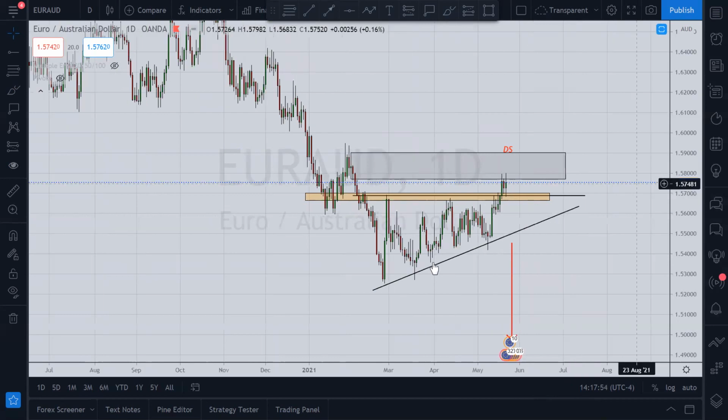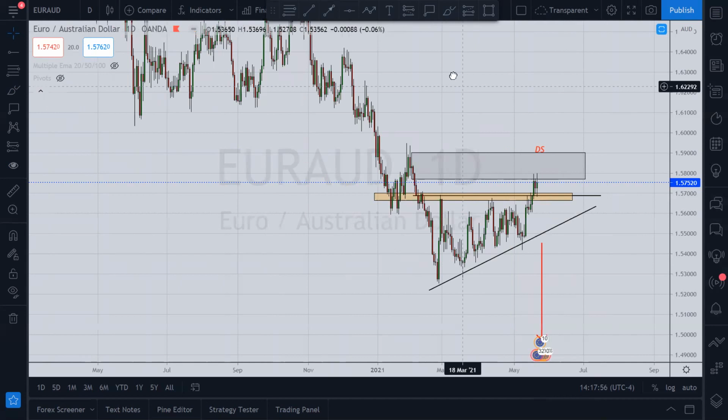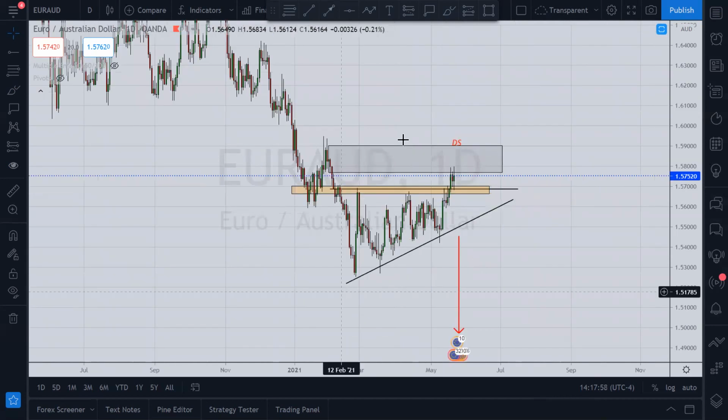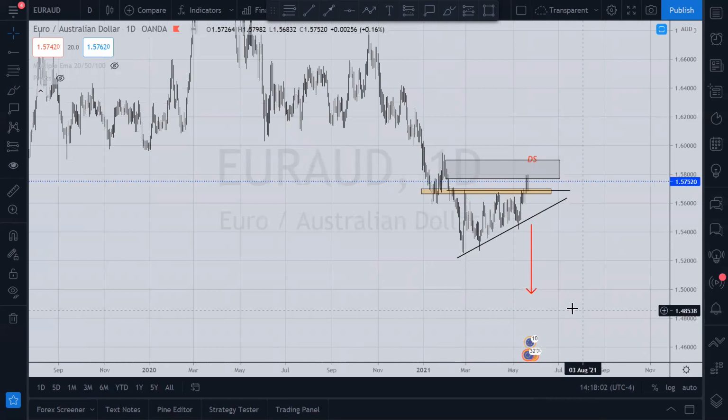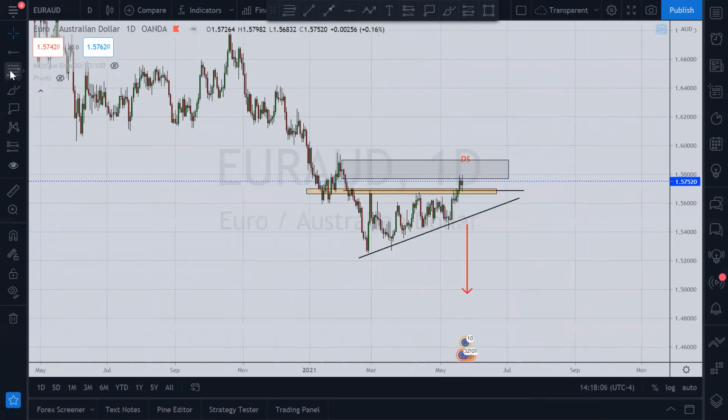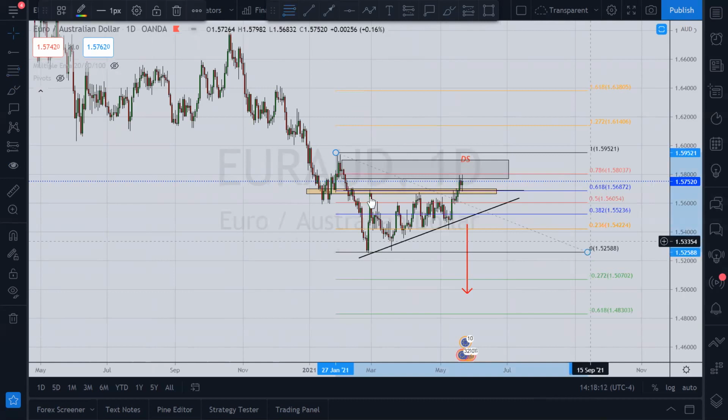Well, let's check this out. Let me see something here. If this is the most recent swing high, if I put my Fibonacci on this down to the swing low here, you can see that we've hit the 786 Fibonacci retracement level, right?